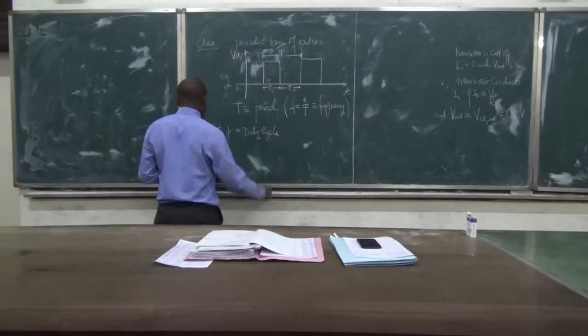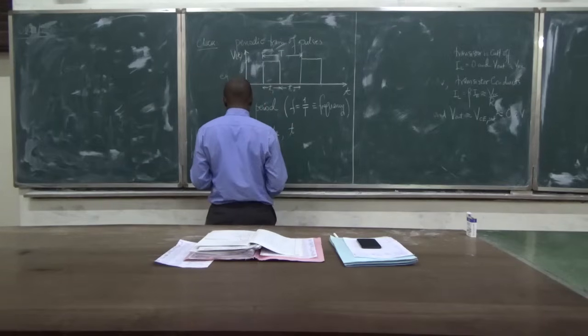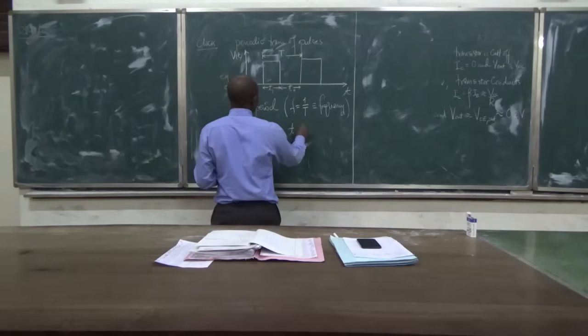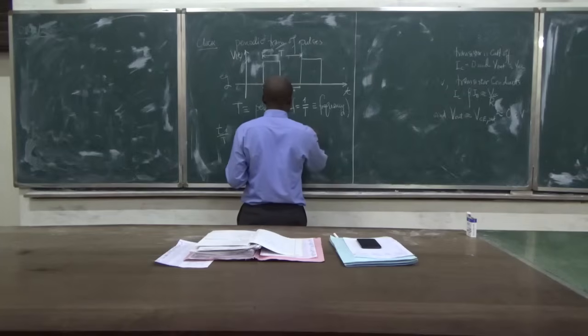So if you are reading and they talk of the duty cycle, then you should know what it is. This is T1 over T. Then T1 over T2 is the mark space ratio.